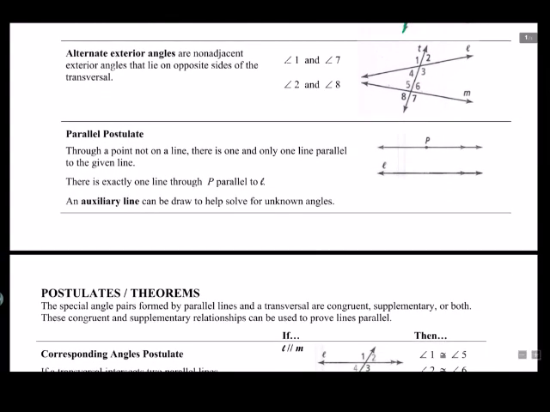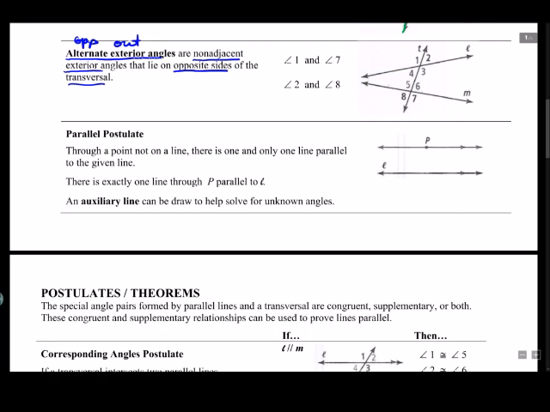Our last set of special angle pairs here are alternate exterior angles. They are non-adjacent, don't touch, exterior angles, so outside, and on opposite sides of the transversal. So these are opposite outside angles.